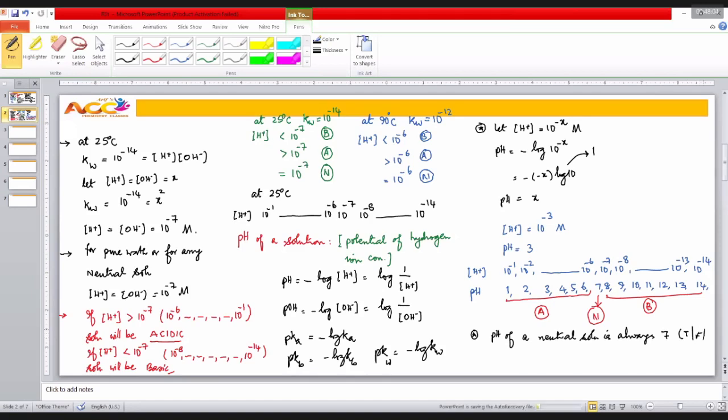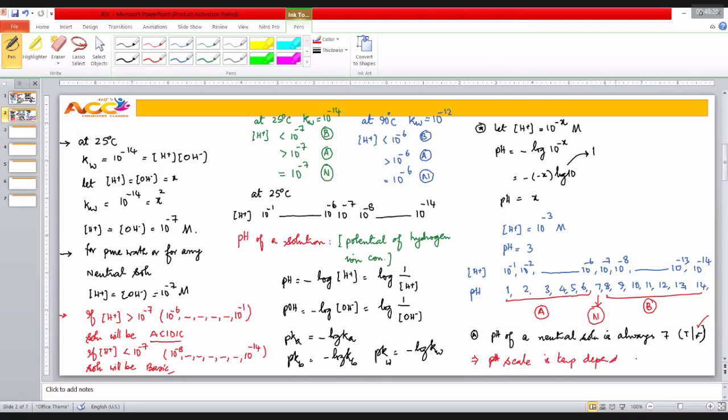Remember, this is a false statement, because 10 power minus 14 is not a constant value. Therefore, what is the conclusion? The conclusion is very simple, sir. The pH scale proposed by Sorensen is temperature dependent.